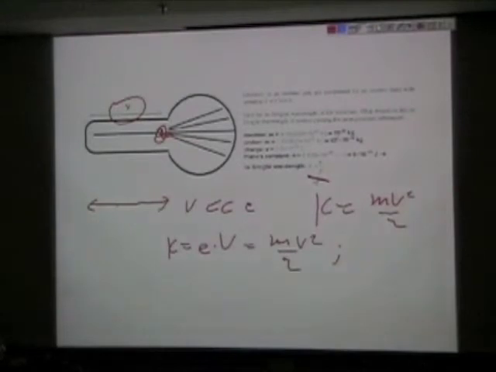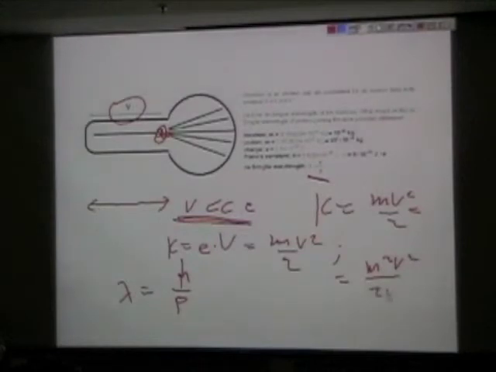If we know the speed, we could also use this expression to calculate the wavelength. Sometimes it's much easier to rewrite this expression in terms of kinetic energy. Again, for relatively slow electrons, we could rewrite m squared v squared over 2m as p squared over 2m. We could rewrite kinetic energy in terms of momentum.